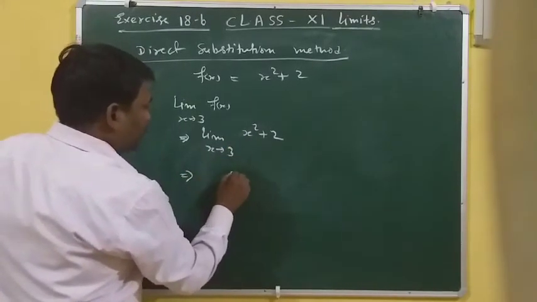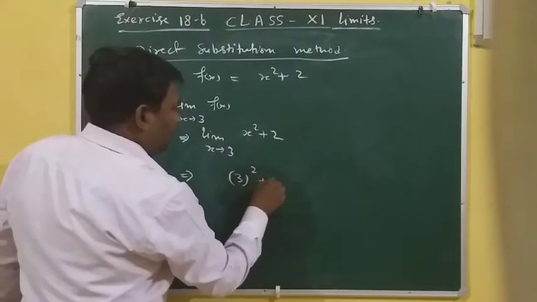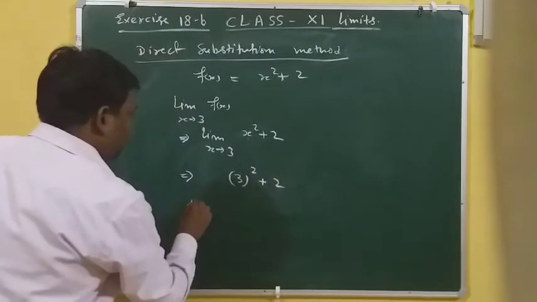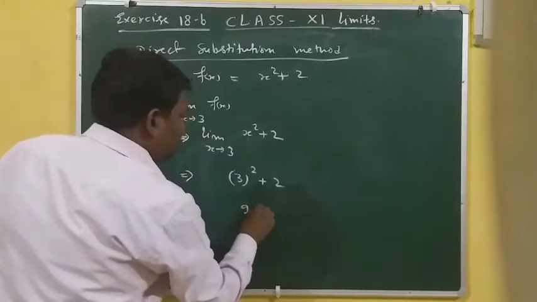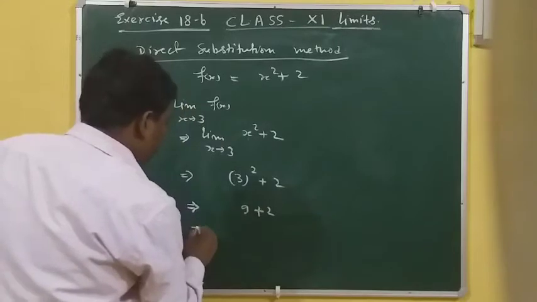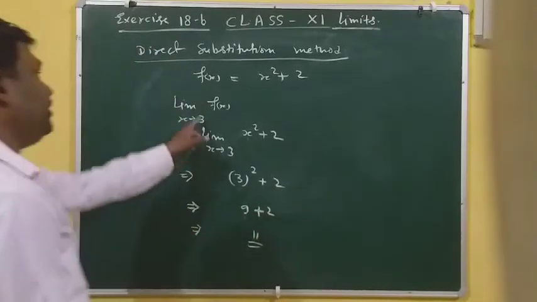So putting 3 square plus 2, this implies 3 times 3 is 9 plus 2. So what will you get? You will get 11. This is the value of the limit.